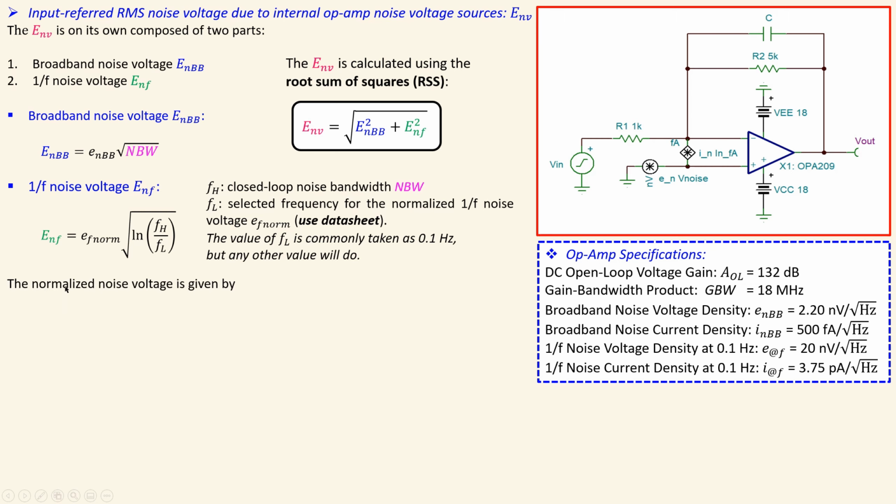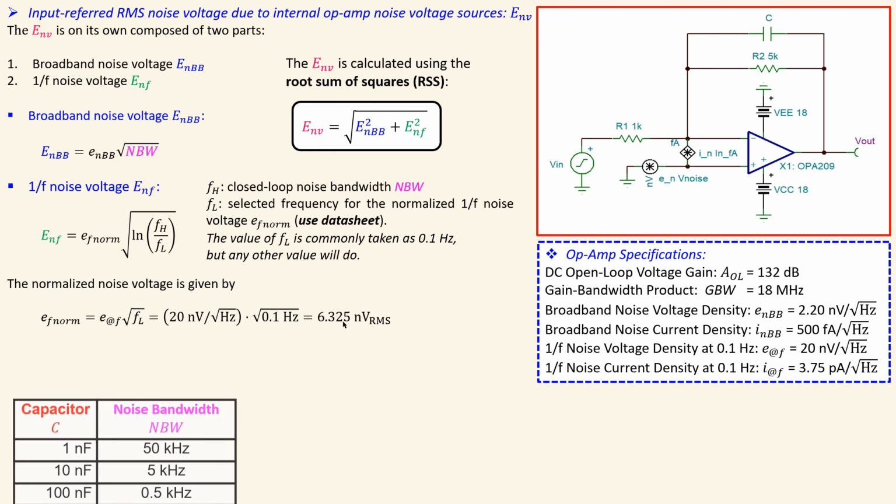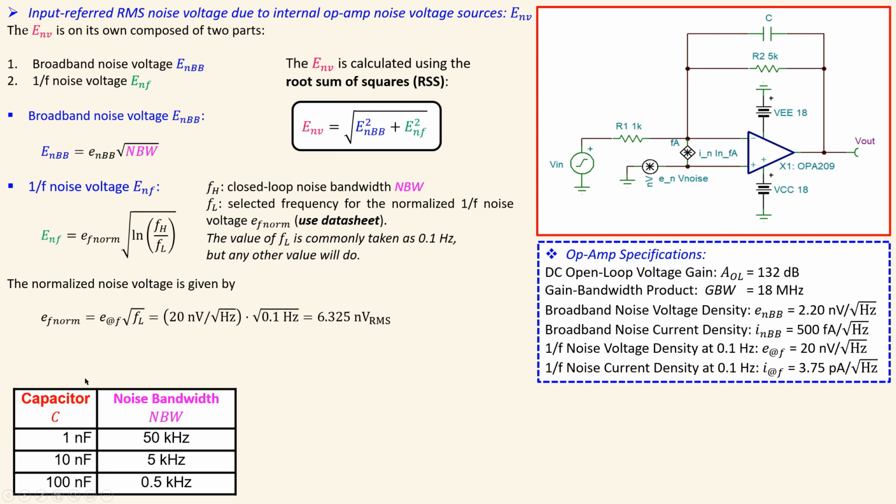Now the normalized noise voltage is given by this expression, using the value from the datasheet times the square root of 0.1 hertz, and that will give you 6.325 nanovolts RMS.